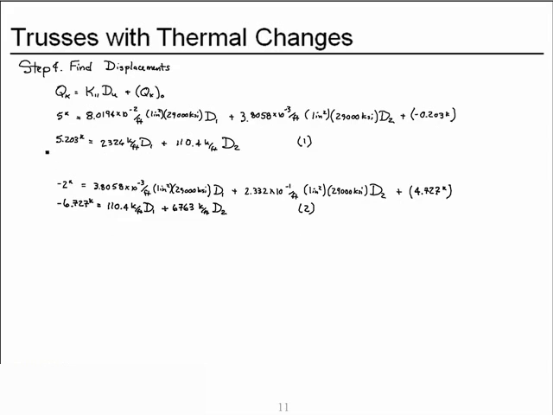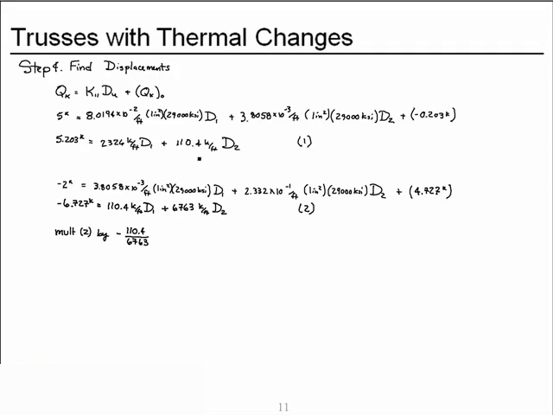So to solve these two equations with two unknowns, let's multiply equation 2 by the following quantity, a negative 110.4 divided by 6763.